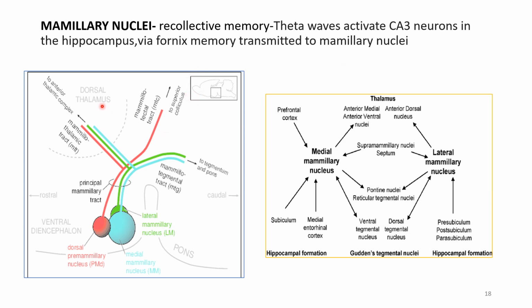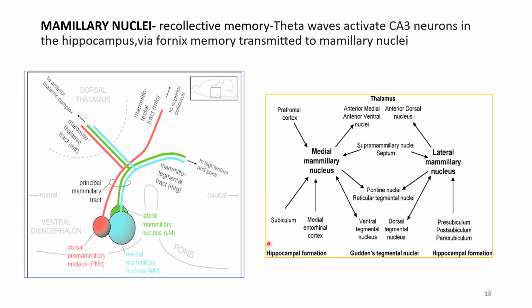Here you can see the thalamus, the pons, and the ventral diencephalon. This is the mammillothalamic tract. This is from the mammillary region to the premammillary nucleus, and this is from the dorsal thalamus to the mammillary nuclei. From the thalamus it also has connections, and from the hippocampus also.